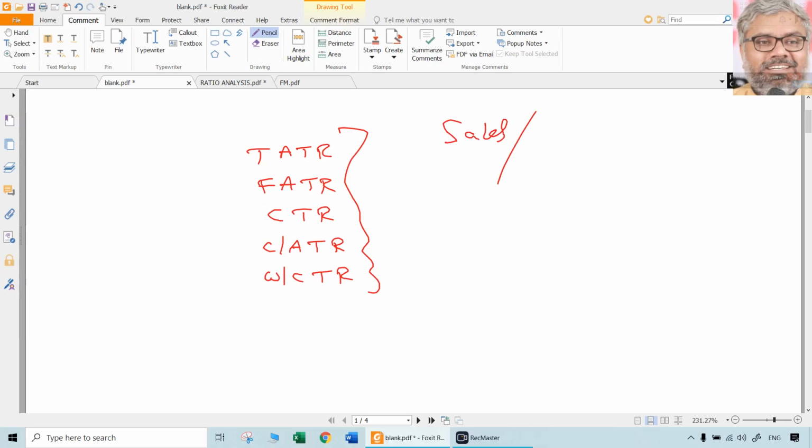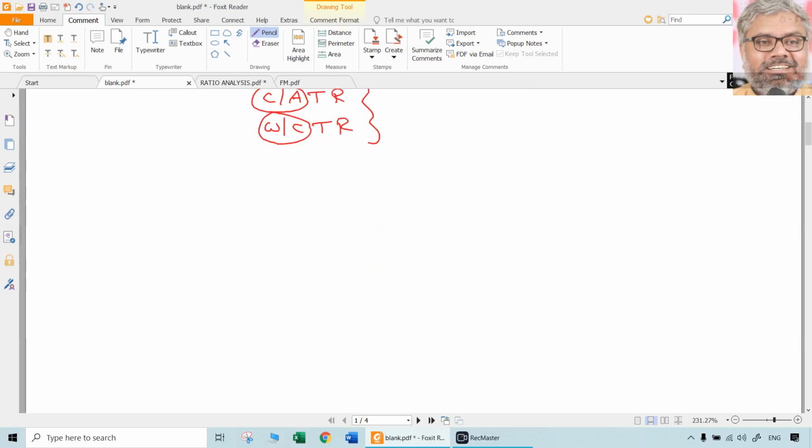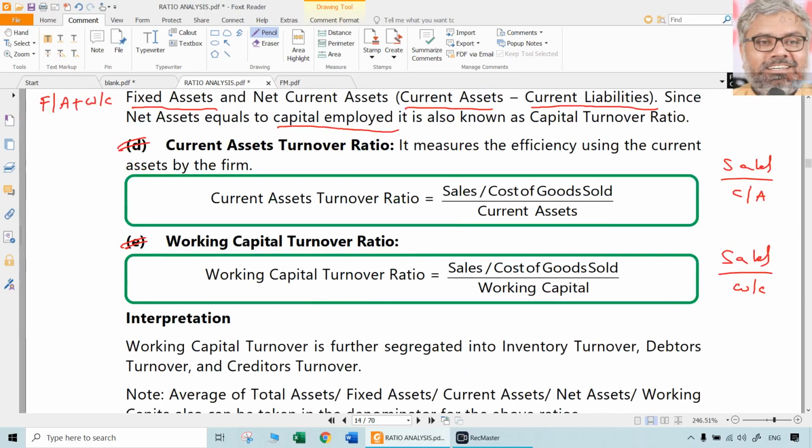Denominator only changes. And what is the denominator? We don't have to separately remember that. Name of the ratio itself will tell. Denominator will be total assets here, fixed assets here, capital employed here, current assets here, working capital here. So that only changes. Numerator is always sales or cost of goods sold, as the case may be. Generally sales. These are the 5 different turnover ratios.